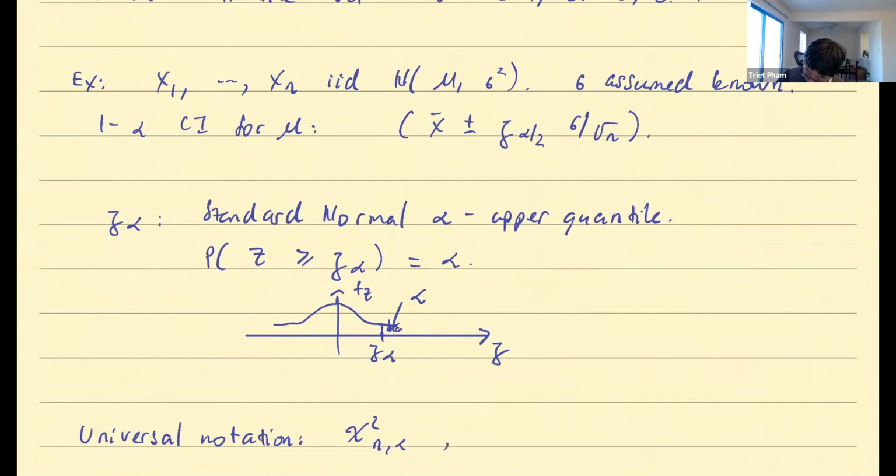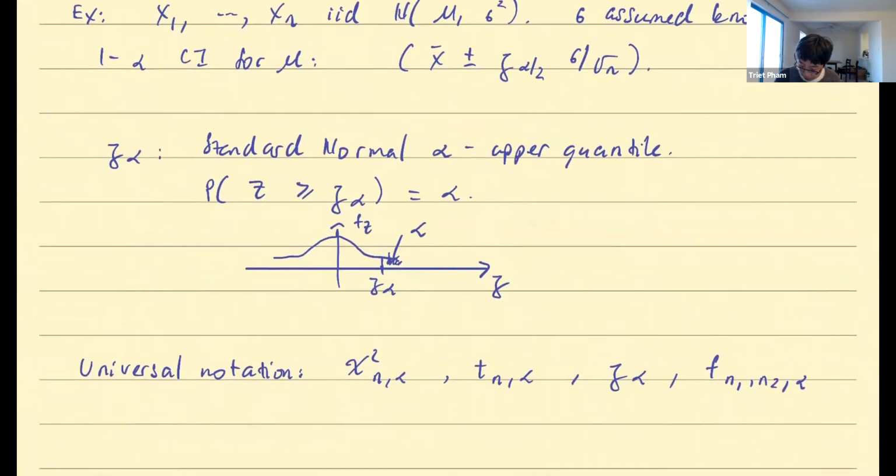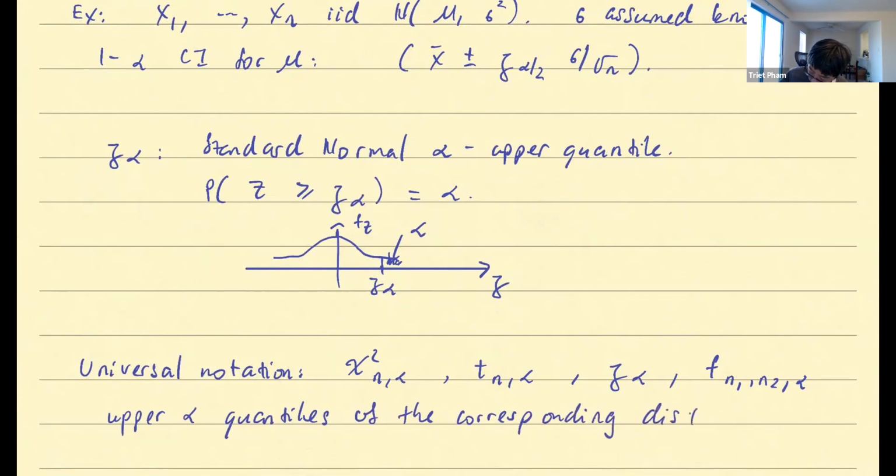We can have a t n alpha, and we can have z alpha. We can have f, sorry, little f, and 2 alpha. These are all upper alpha quantiles of the corresponding distributions.